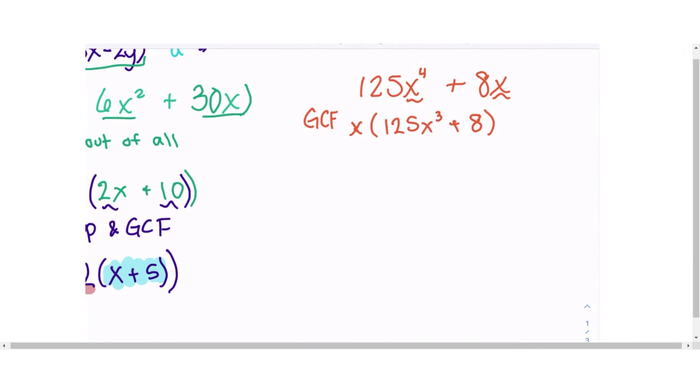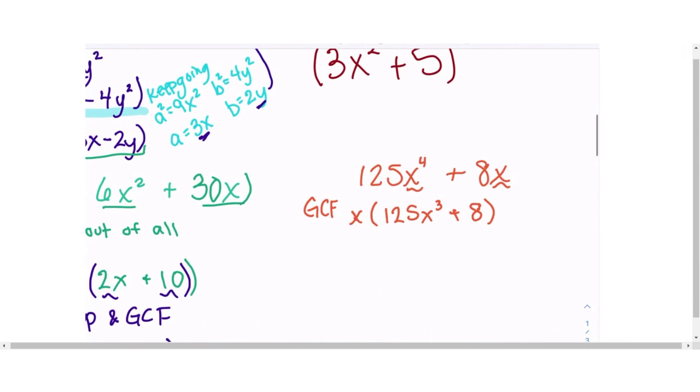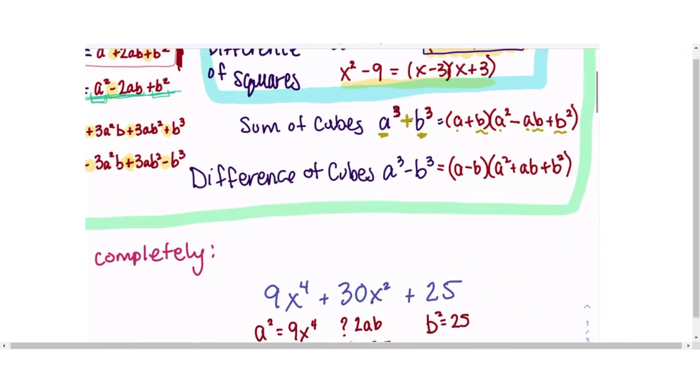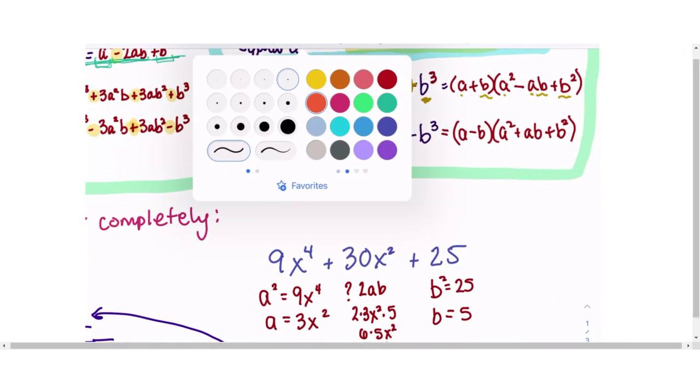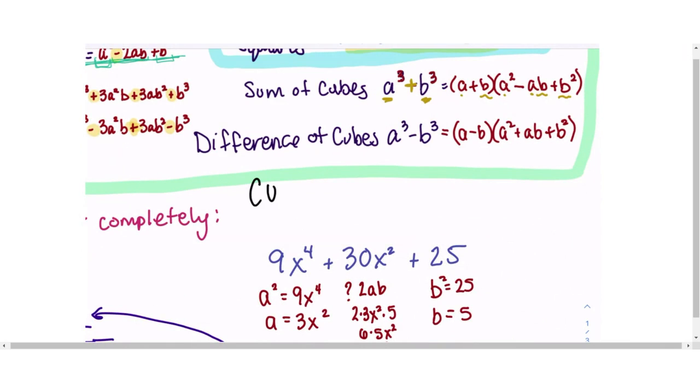One thing that would be very handy for you to remember, so let's figure out a nice place to write this down. I'm going to write this in black, and I just want to put down cubes, because it will help you remember.